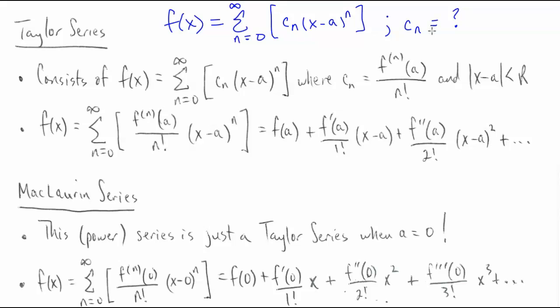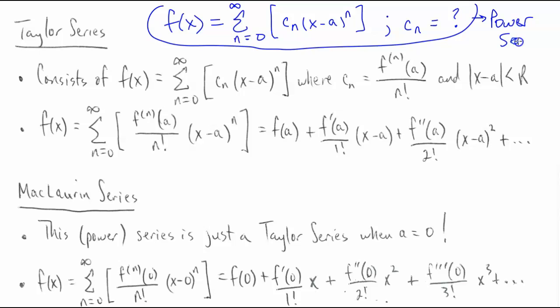If I don't tell you specifically how I express those coefficients, then what you're seeing here is a power series, okay? A power series is just a polynomial that has an infinite number of terms in it, and I could write it in this form.